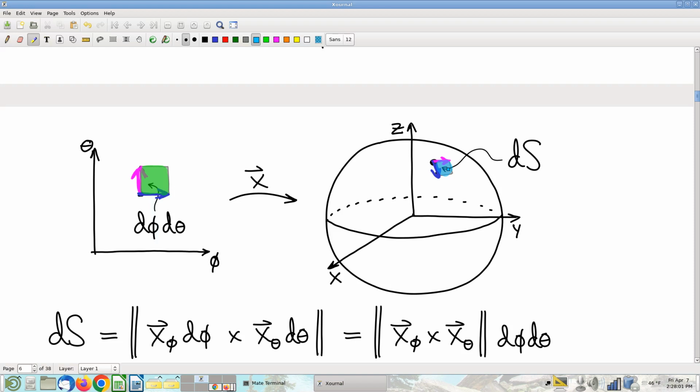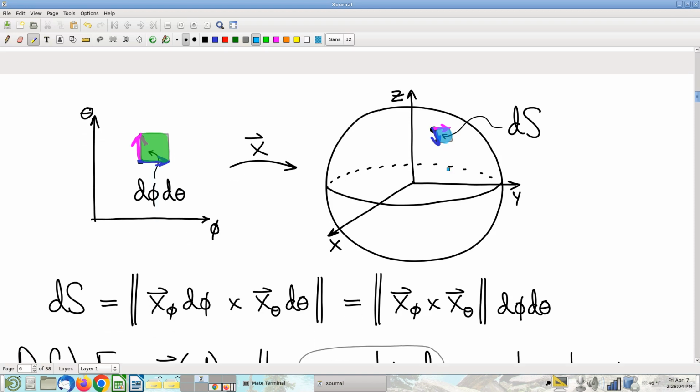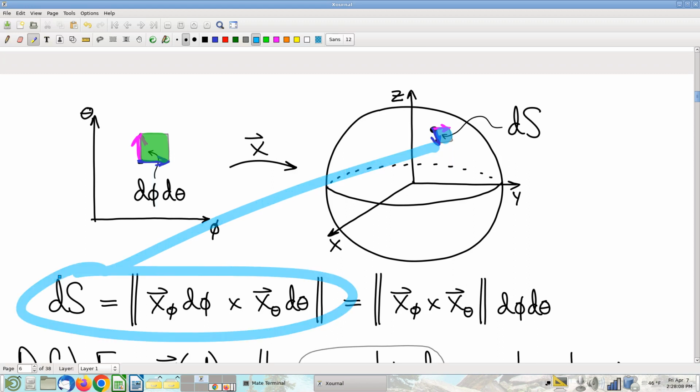In fact, I can write that down precisely, because this blue area here is a little parallelogram. Close enough. It's not exactly, right? The surface is curving. These approximations in the limit, round-off errors go away, as you would expect. But this output piece of area is basically a parallelogram.